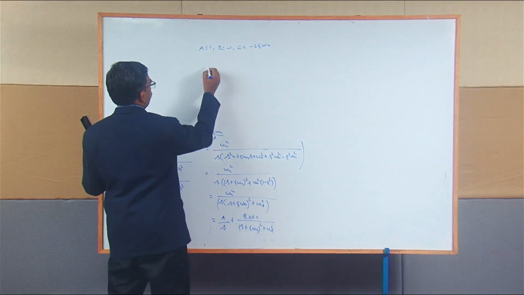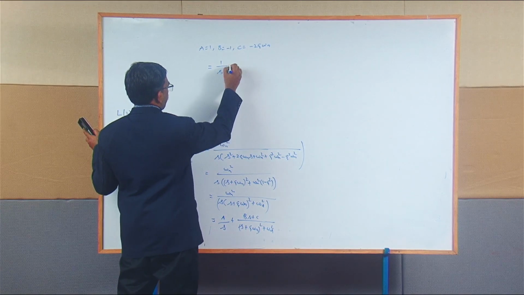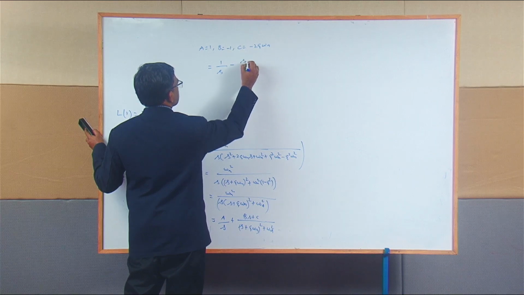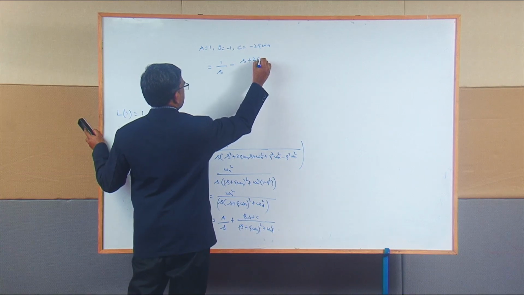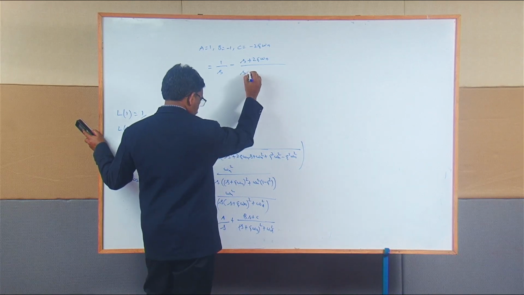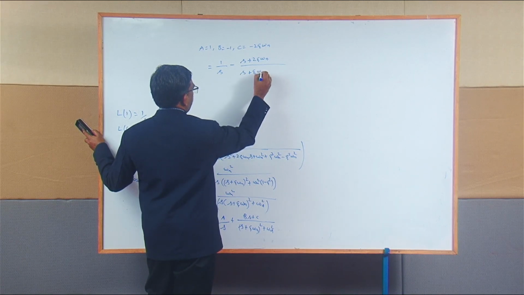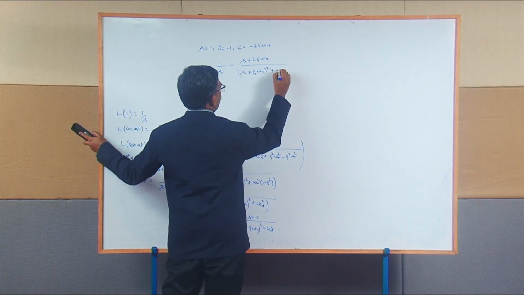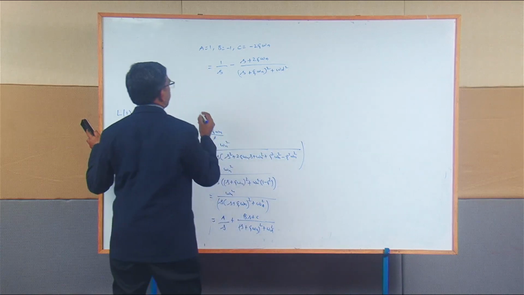So, this equation becomes 1 by s minus (s plus 2 zeta omega n) divided by ((s plus zeta omega n) the whole square plus omega d square).